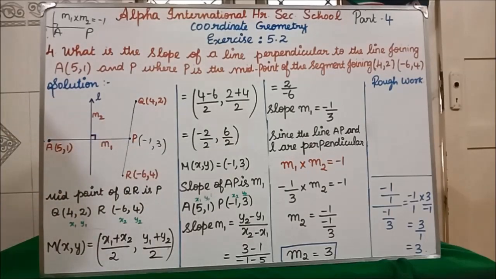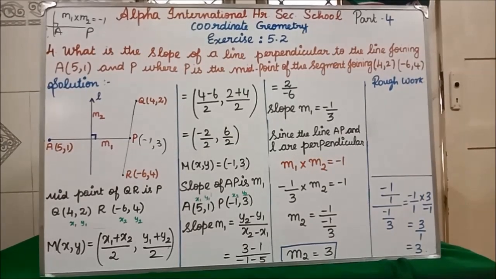If two points are given, what is the formula for finding slope? Slope m1 is equal to (y2 minus y1) divided by (x2 minus x1). That is our formula. See, y2 is 3, y1 value is 1.